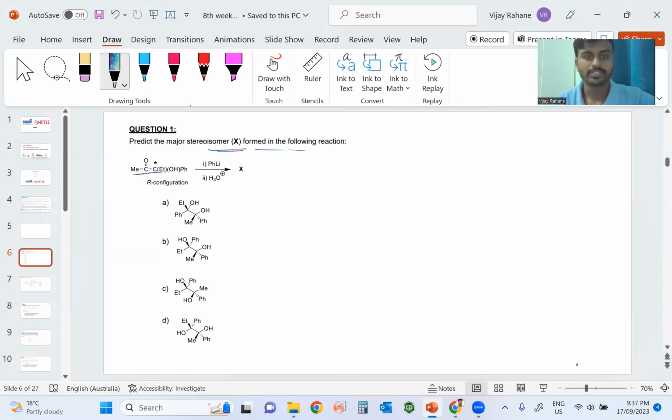Before going to the stereochemistry, does anyone have any clue which type of reaction this is? This reaction is the addition of a nucleophile. PhLi stands for the phenyl ring with the negative charge and the lithium ion with the positive charge.